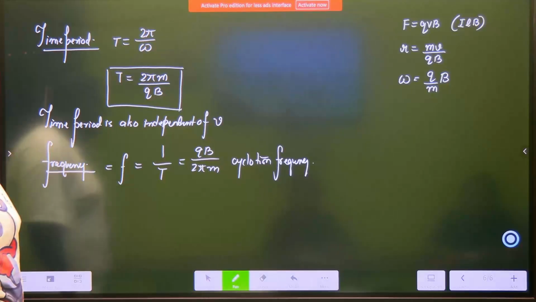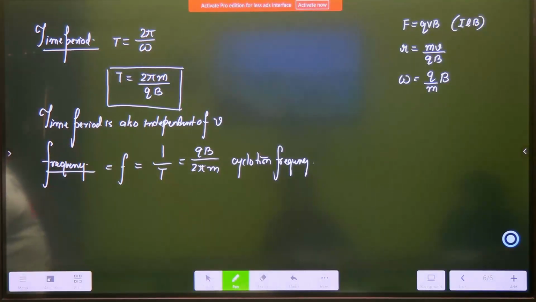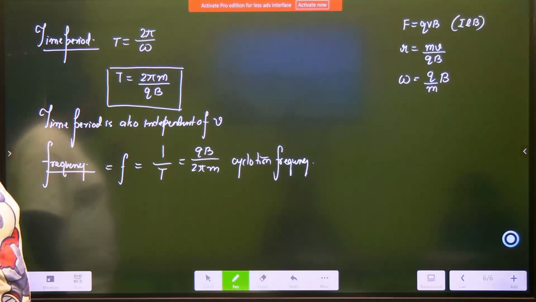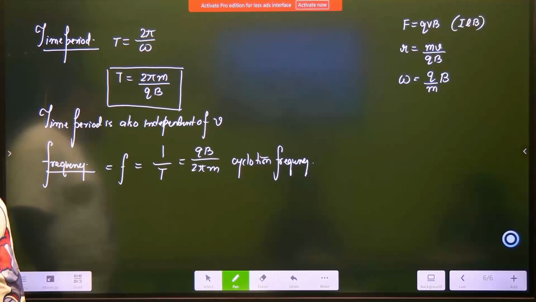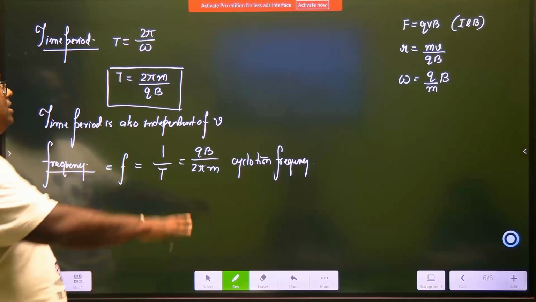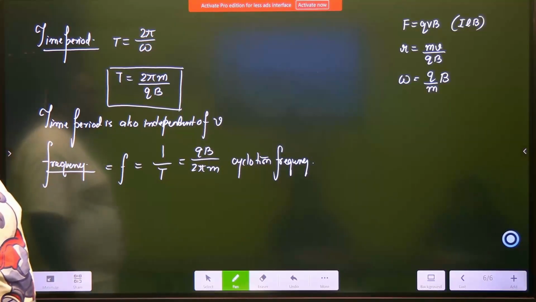Angular velocity and angular frequency share the same unit, rad per second. Angular velocity is a vector quantity, angular frequency is a scalar quantity. This is the cyclotron's frequency. So let's add up.